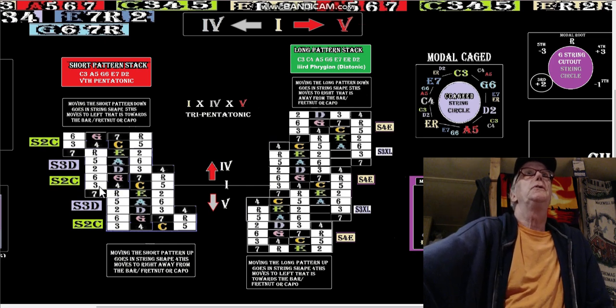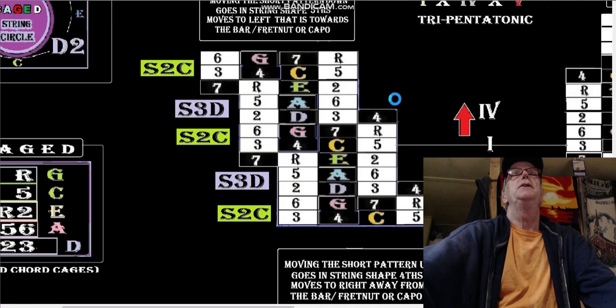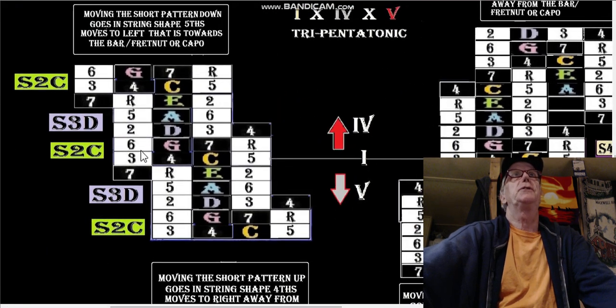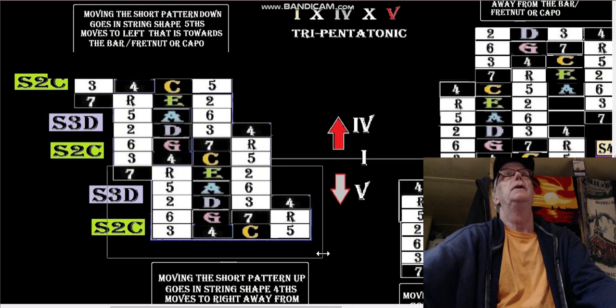So when we're looking at the C box in the short patterns here, you never know where that tuning third is going to be. Okay, so we wouldn't be looking at the top part here if we're just looking at the C box right here.